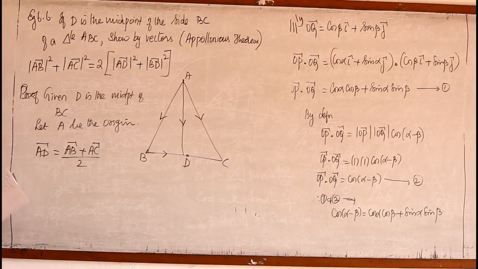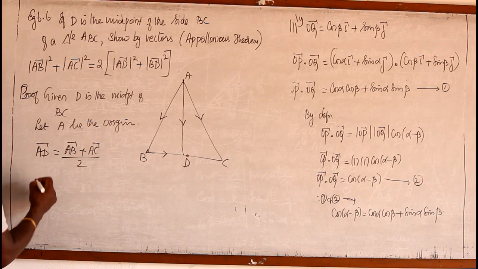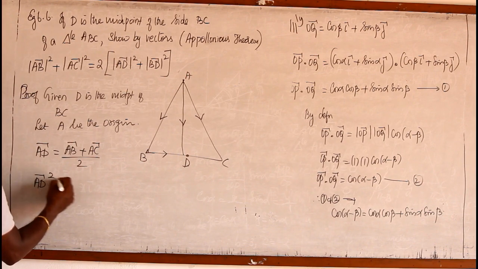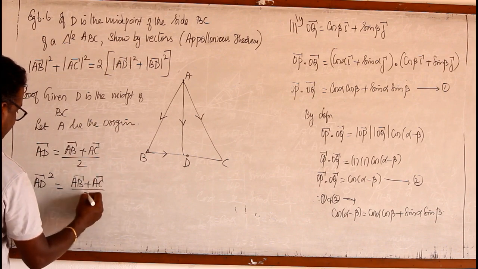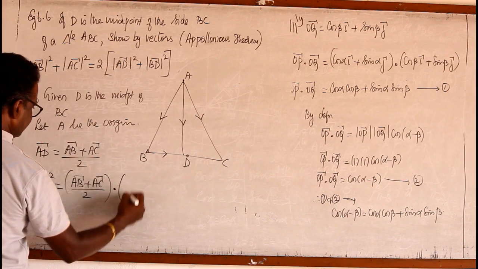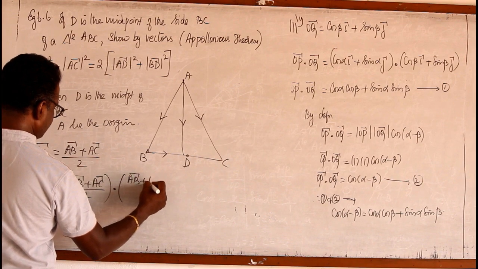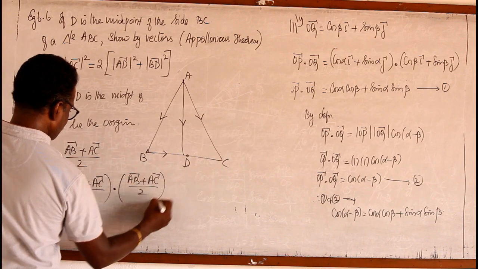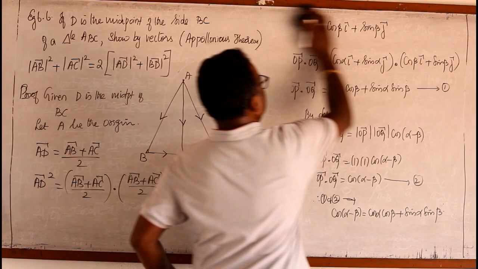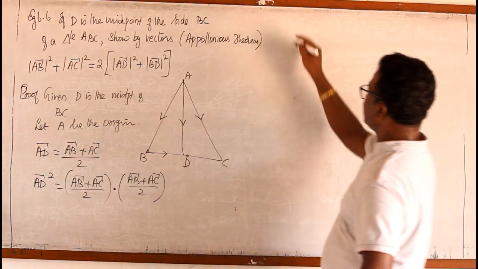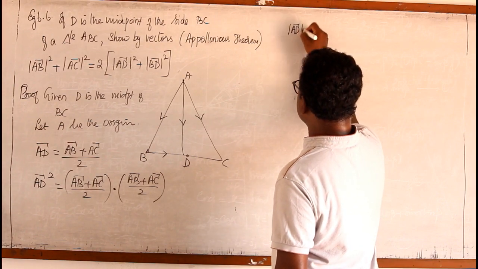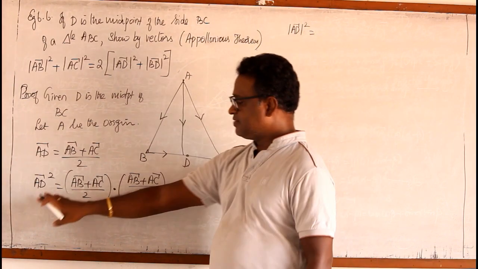Similarly, let me find BD now. As I need AD square, shall we find AD square now? AD square means AB plus AC by 2 dot AB plus AC by 2. Therefore, modulus of AD square, as they are writing modulus of AD square, we shall also write modulus.